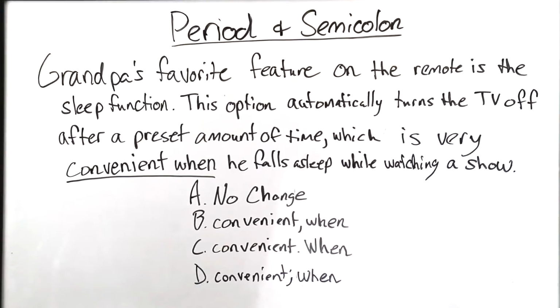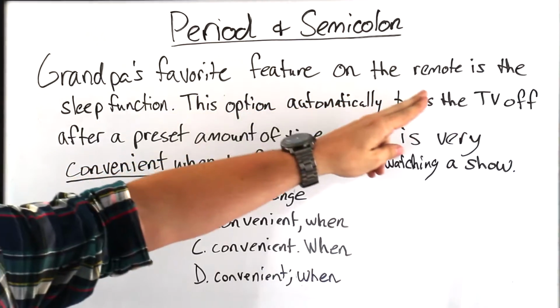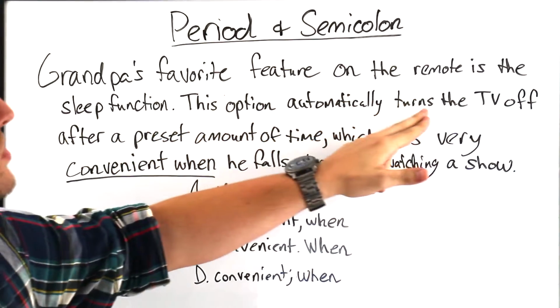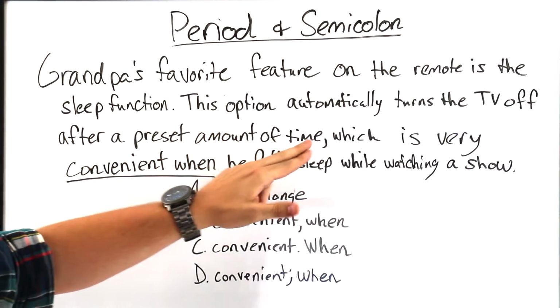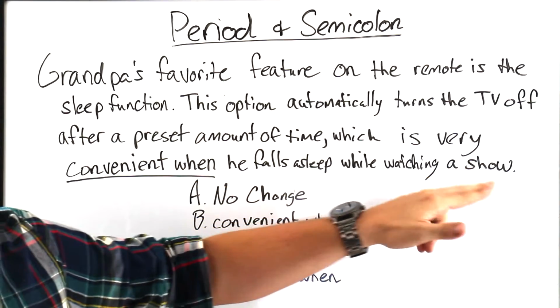Let's take a look at an example problem when we have both a period and semicolon in it. Grandpa's favorite feature on the remote is the sleep function. This option automatically turns the TV off after a preset amount of time, which is very convenient when he falls asleep while watching a show.